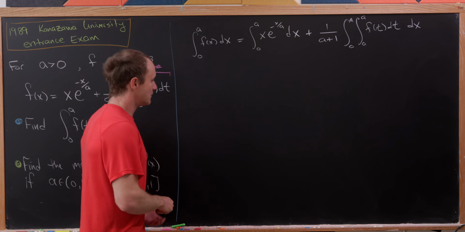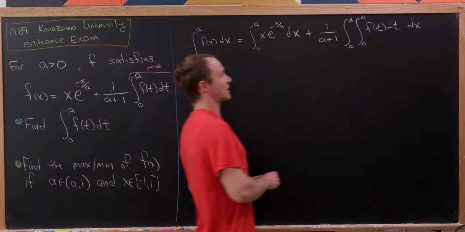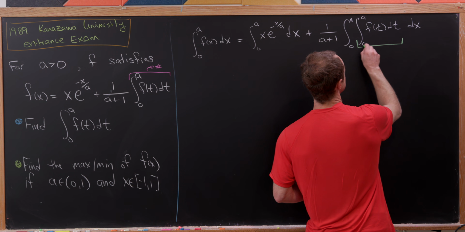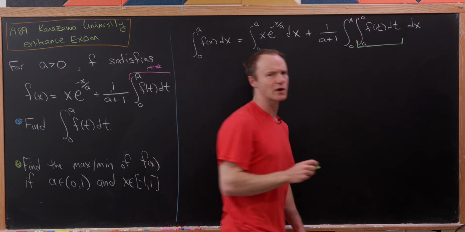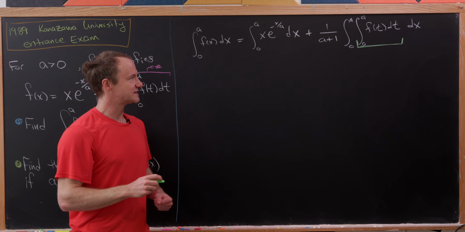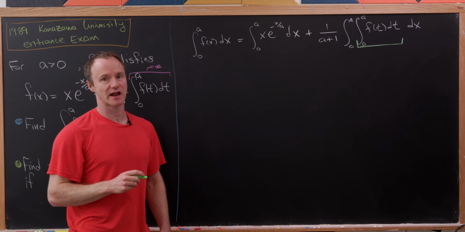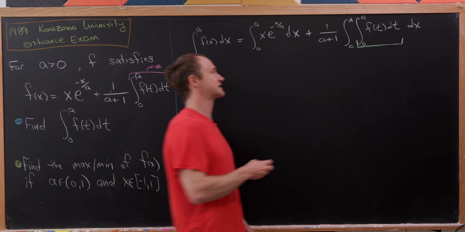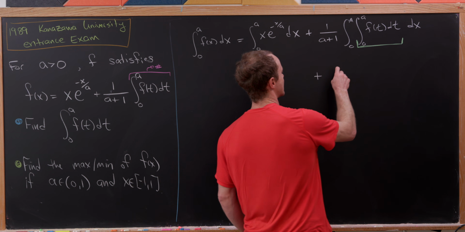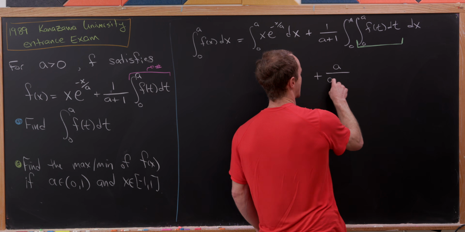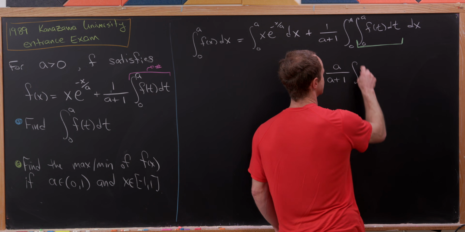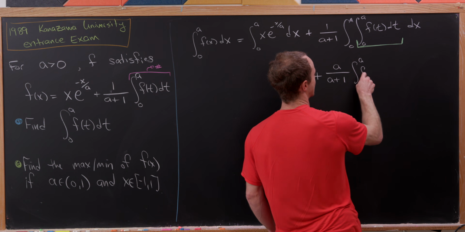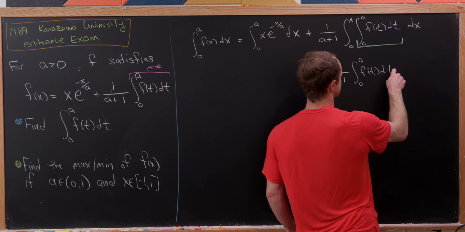Okay, but now let's observe over here that this integral from 0 to a of f of t dt is just a constant, just like it was before. So that means, in fact, we can factor it out of this trivial integral from 0 to a of dx. And that means this term right here becomes a over a plus 1 times the integral from 0 to a of f of t dt.